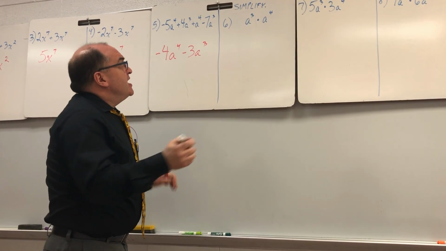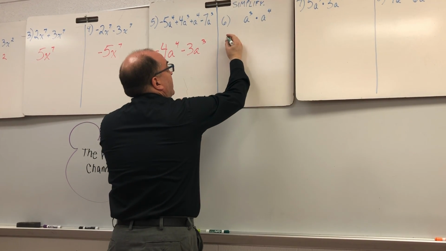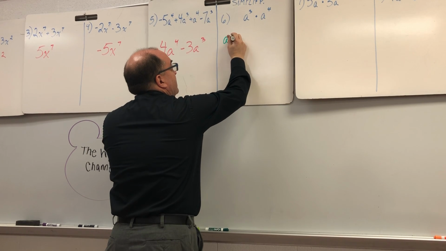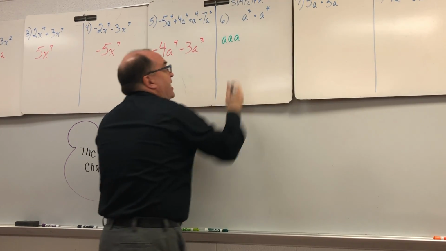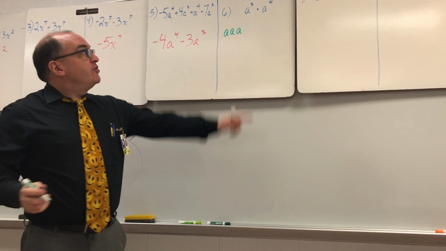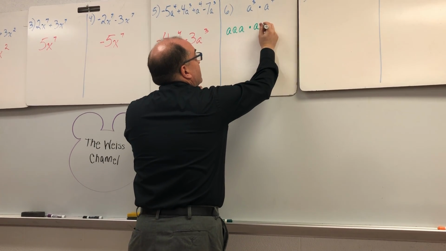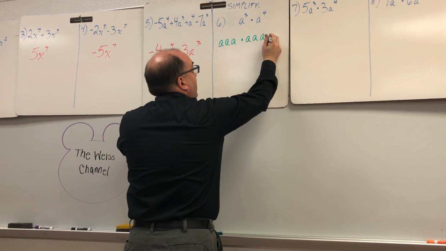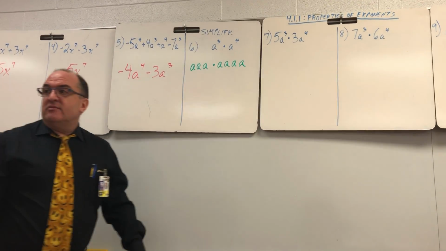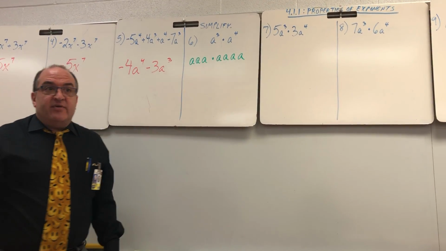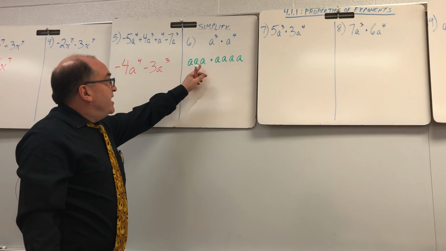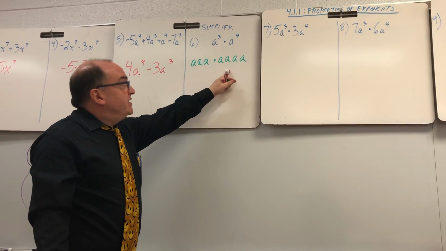Would you agree that a to the 3rd is a times a times a? Right? Would you agree that a to the 4th is a times a times a times a, right? So a to the 7th is a times a times a times a times a times a times a.